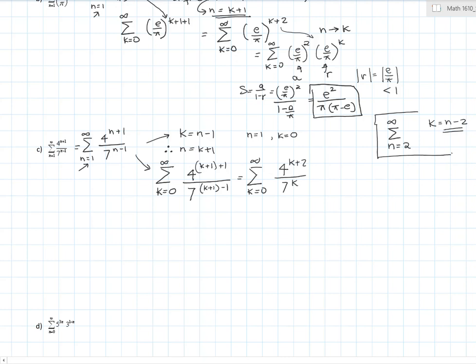Now again, I have to split it in such a way that you get a times r raised to the power k. So from k plus 2 with the exponent, I'll get 4 squared times 4 raised to the power k. And in the denominator, it's still 7 raised to the power k.